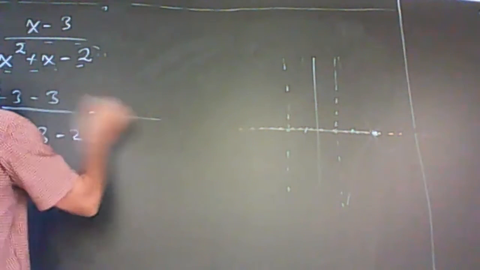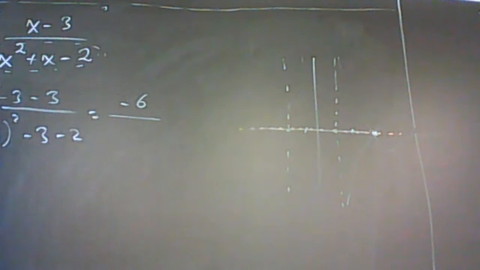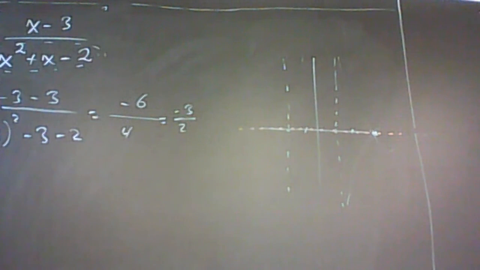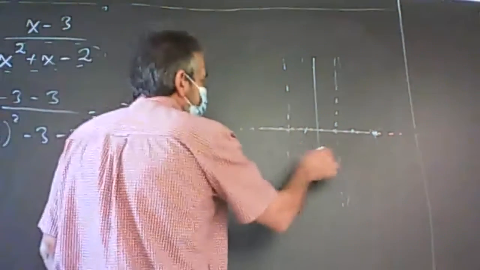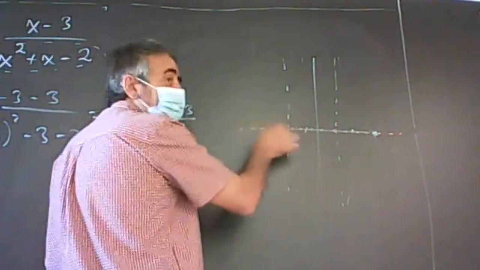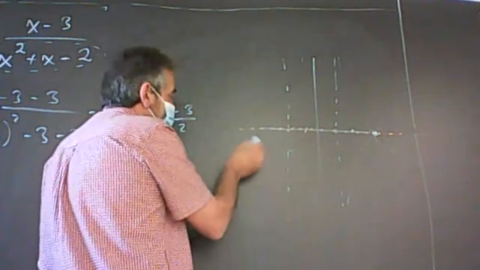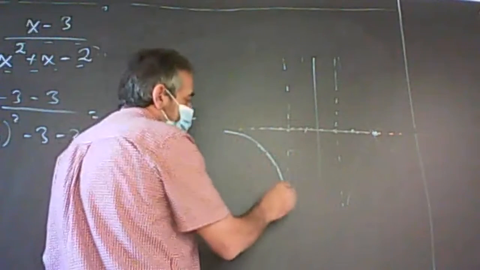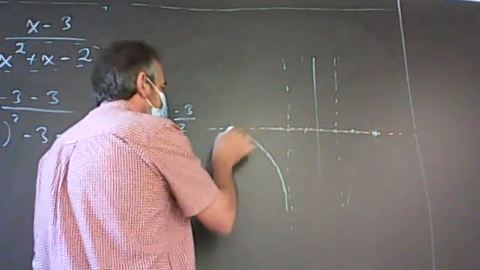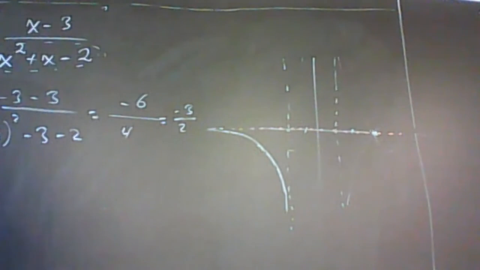That's going to give me -6. What do I get here? -3 squared is 9. 9 minus 5 is 4. That's going to be -3 over 2. That's going to be -1.5. So it's about this side over here. That's really what I'm interested in. We know it doesn't cross this line in this area, does it? This is my other asymptote. So the graph on this side goes like this.